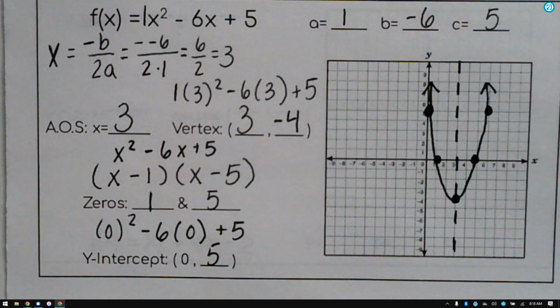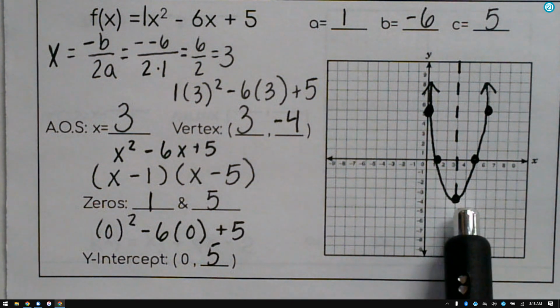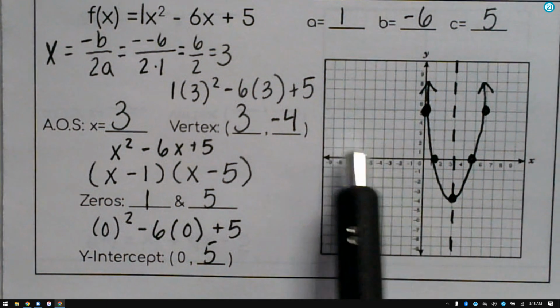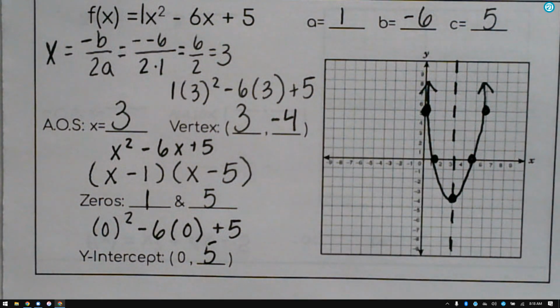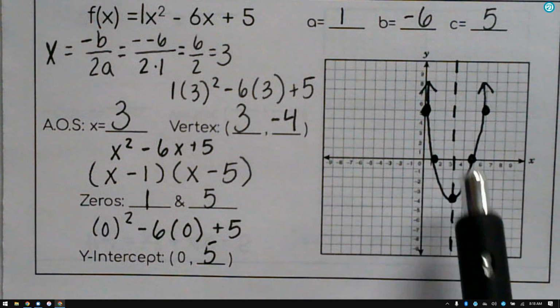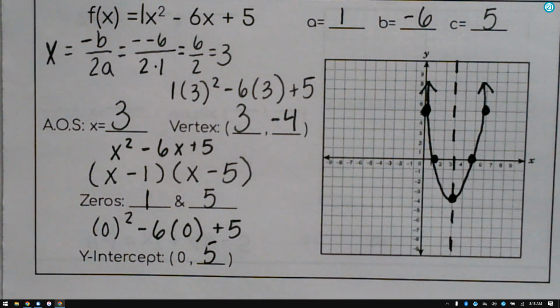Okay. As you guys are going through your graphs today, everything should line up to make a U shape. So if you've got a vertex here and your zeros are over here, that means one of them's wrong, okay? So make sure things line up to make a U shape. It might be bigger or smaller, but it's always going to make a U.